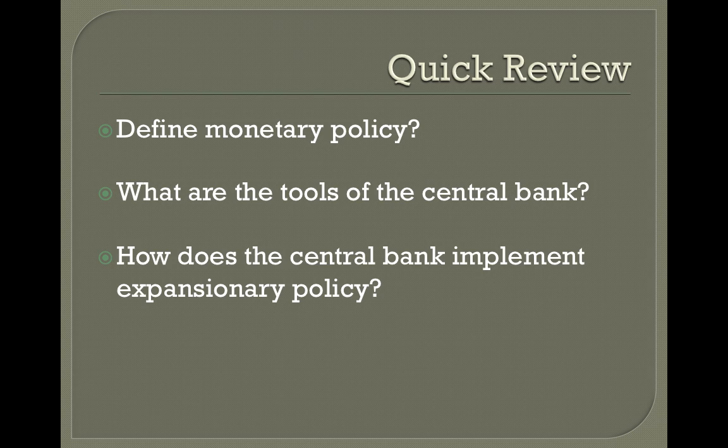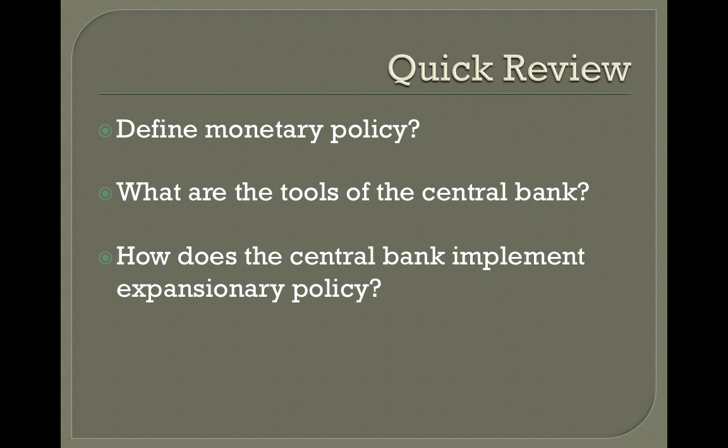Next, what are the tools of the central bank? Well, it's kind of in the definition. Reserve requirement, interest rates, supply of money, and finally, open market operations. So final question, how might they implement expansionary monetary policy? How would a central bank do that if they wanted to promote economic growth or a little bit of inflation?